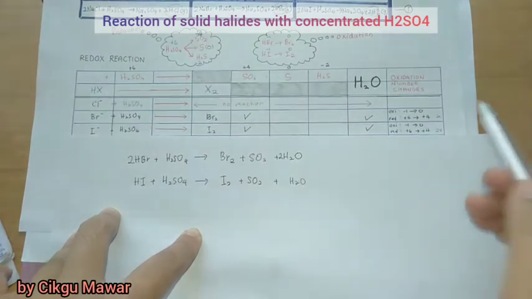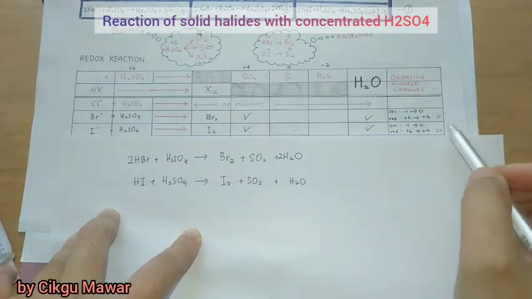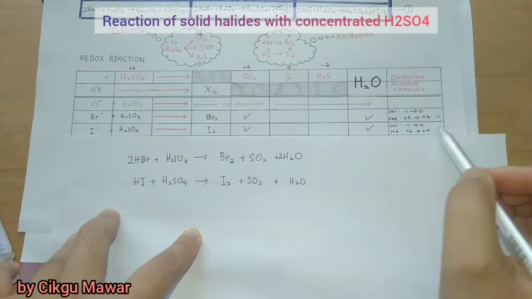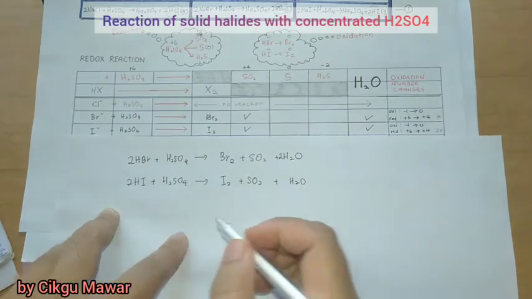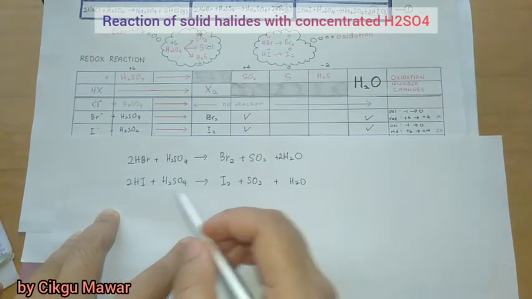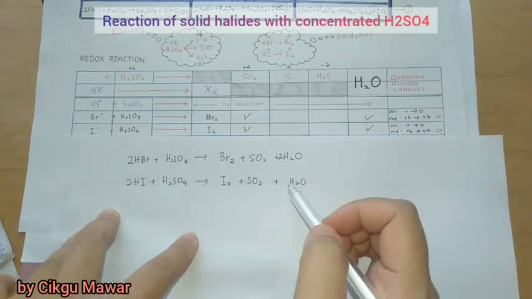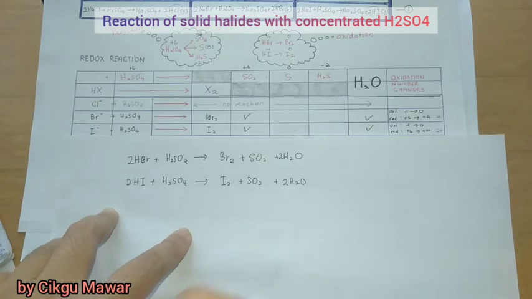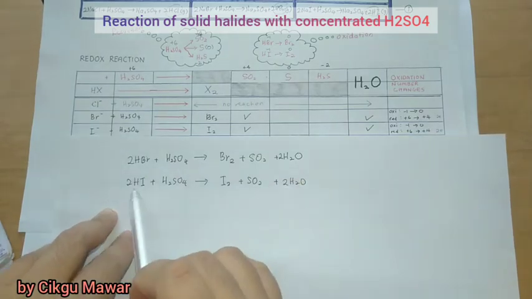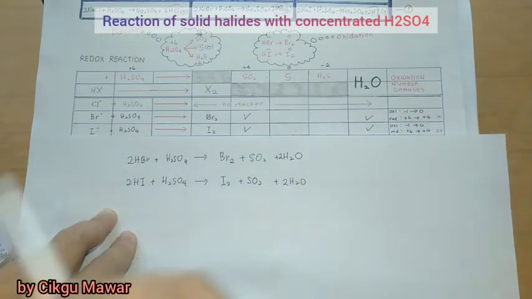To balance the equation, we see how many electrons are being reduced, 2 electrons, so 2 moles of hydrogen iodide are used. Then just balance the equation, so we get 2 moles of water also. So we already balanced the first equation of iodide with sulfuric acid.